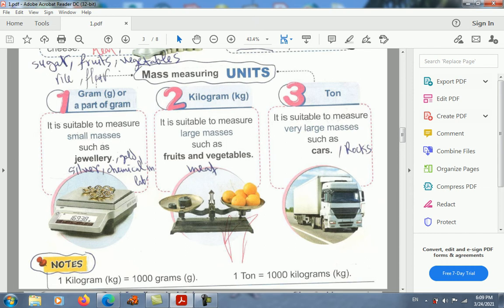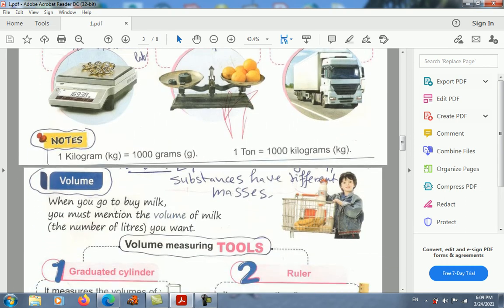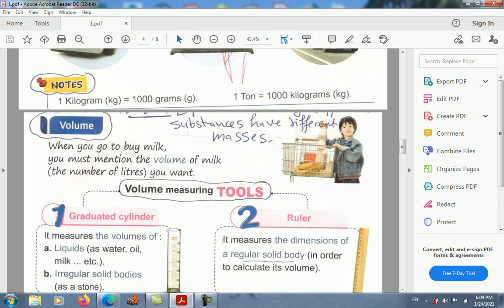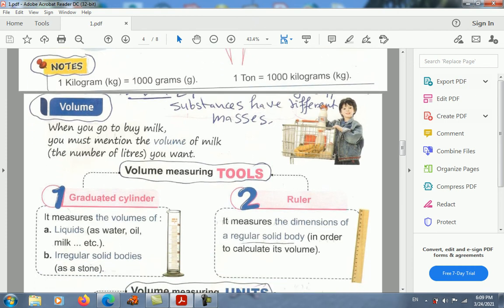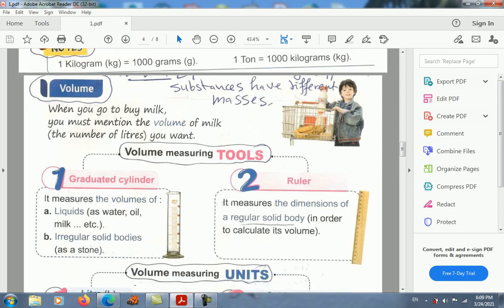It's suitable to measure large masses such as fruits and vegetables. Number three, ton. It's suitable to measure very large masses such as cars. Notes: 1 kilogram equals 1000 grams, while 1 ton equals 1000 kilograms.